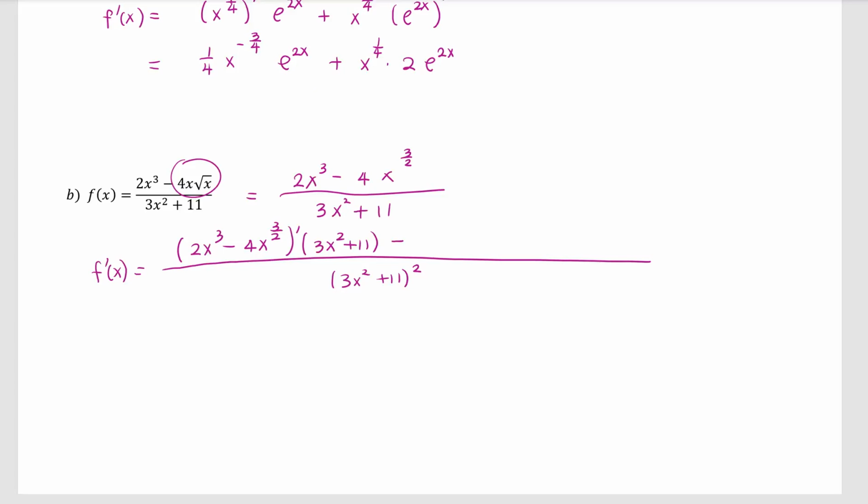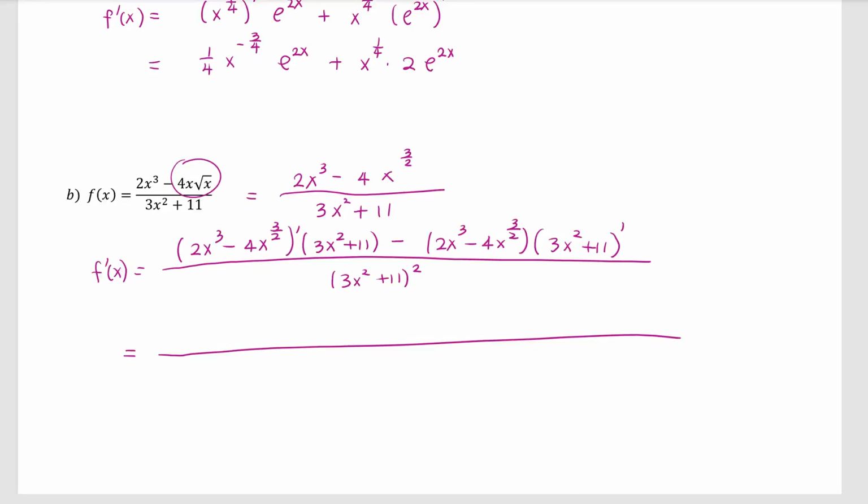Your baby parentheses is so important. Okay, so minus the top guy, don't forget your parentheses, times the bottom guy prime. See, the first step, I just write down the quotient rule. The next step, whenever you see the factor with prime, you're going to differentiate. And don't forget your parentheses.